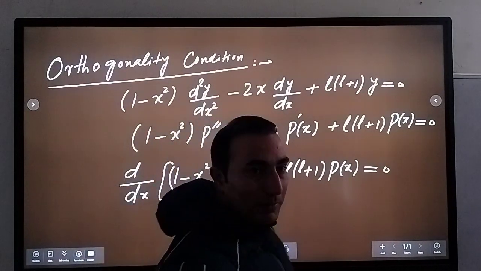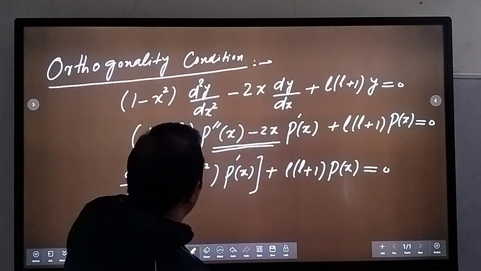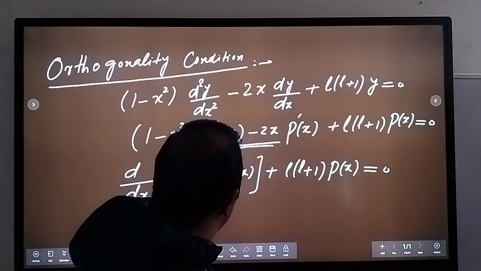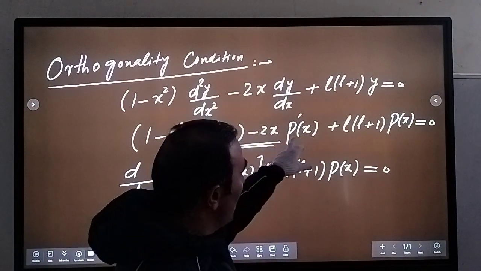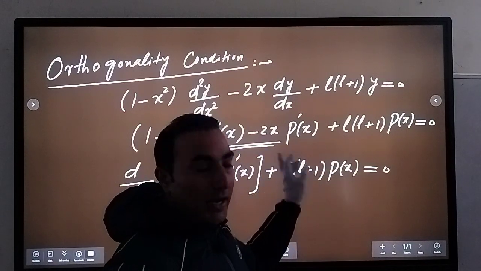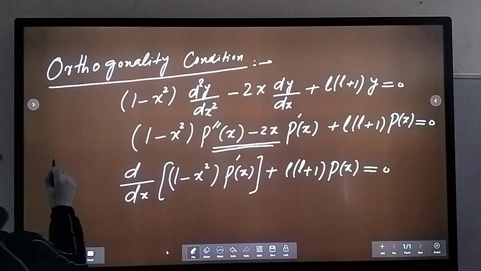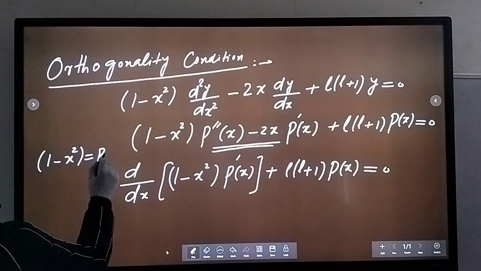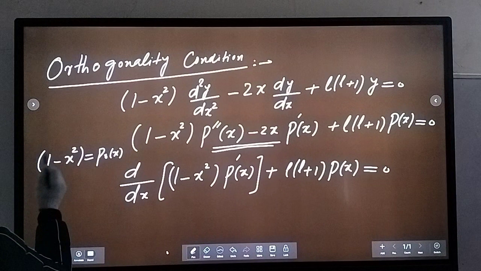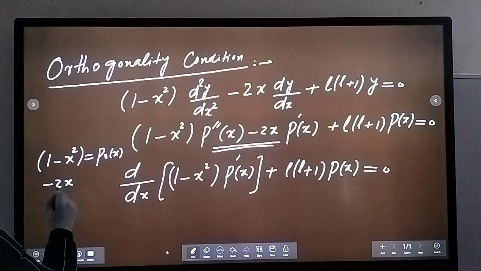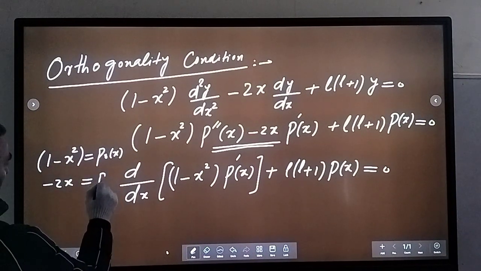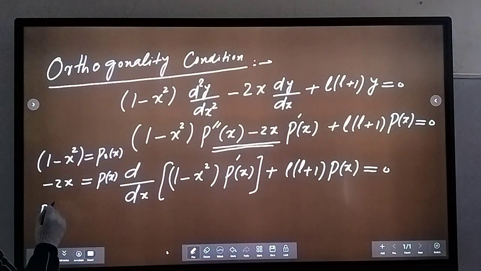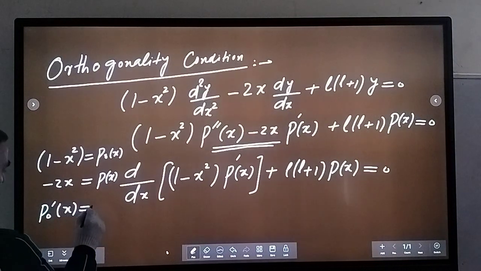So this is in the self-adjoint form. The coefficient multiplied to y double dash, 1 minus x square, is p0 of x, and the coefficient minus 2x is p1 of x. So p0 dash of x is equal to p1 of x.